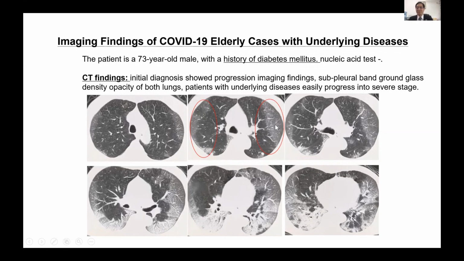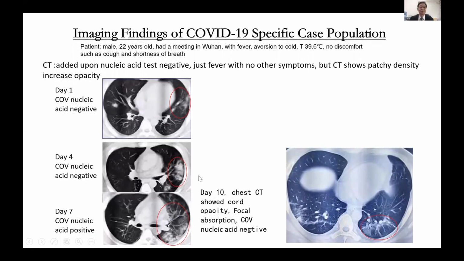You can see subpleural patchy ground glass density opacity of both lungs. Patients with underlying disease progress early into a severe stage. How do you know the image findings are specific to this case population?